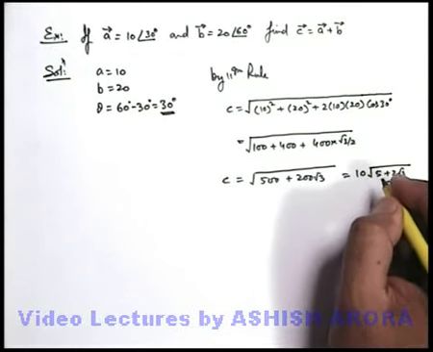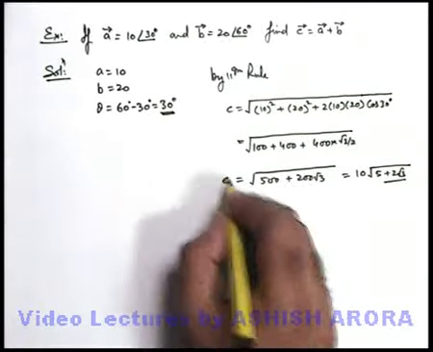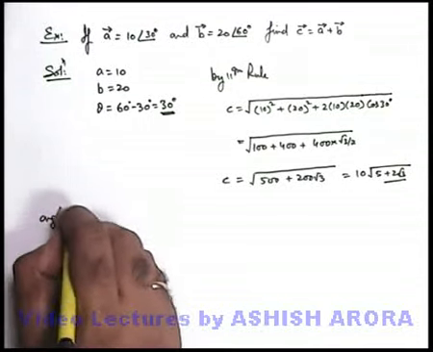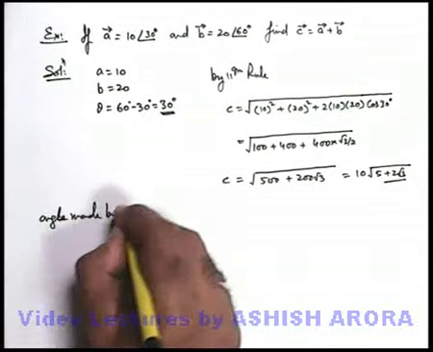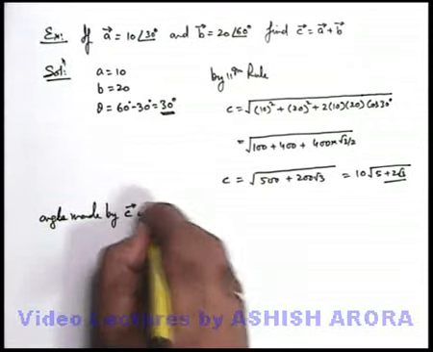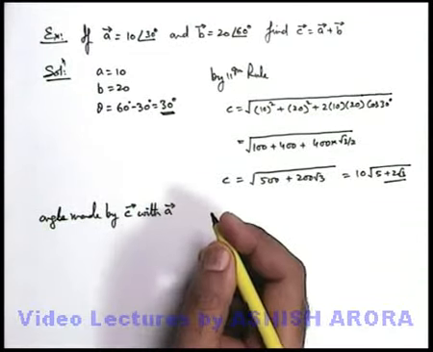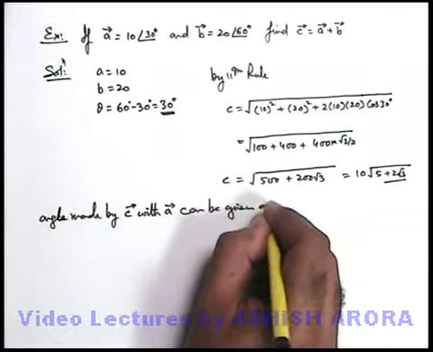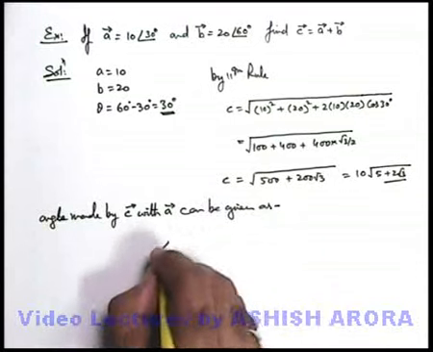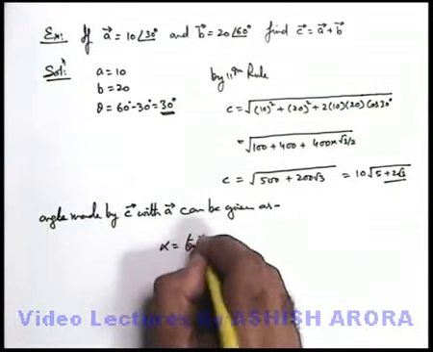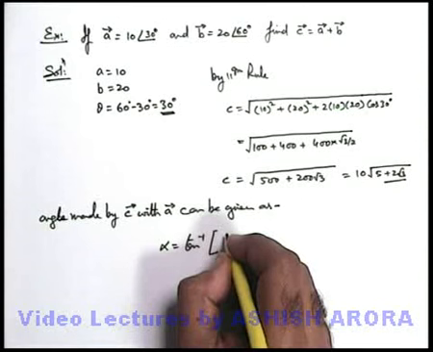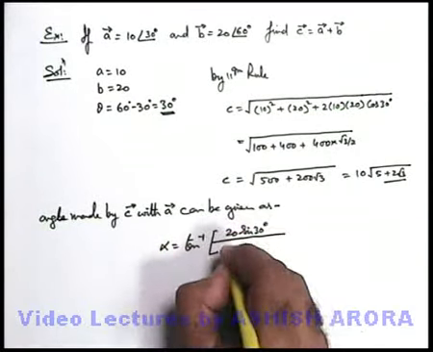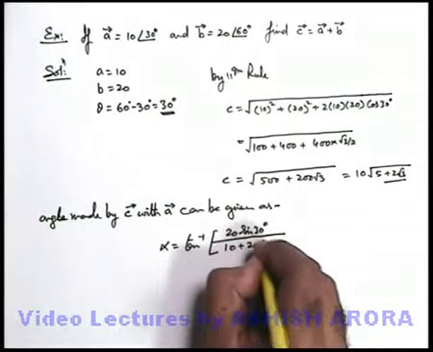We can also find the angle made by vector C with vector A. We have the direct relation from the parallelogram rule: this angle alpha is tan inverse of B sin theta divided by A plus B cos theta, that is 20 sine of 30 degrees divided by A plus B cos theta.